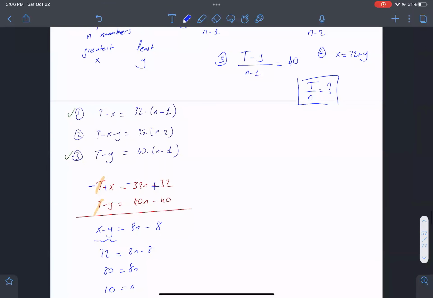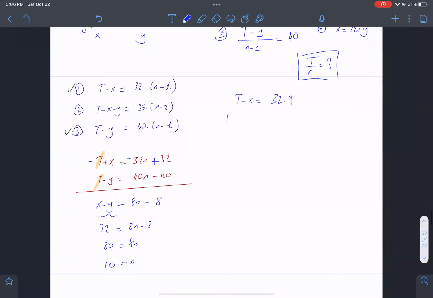Great. Let's use that. Then from the equations, T minus x is equal to 32 times (10 minus 1), which is 9. T minus x minus y is equal to 35 times (10 minus 2), which is 8.